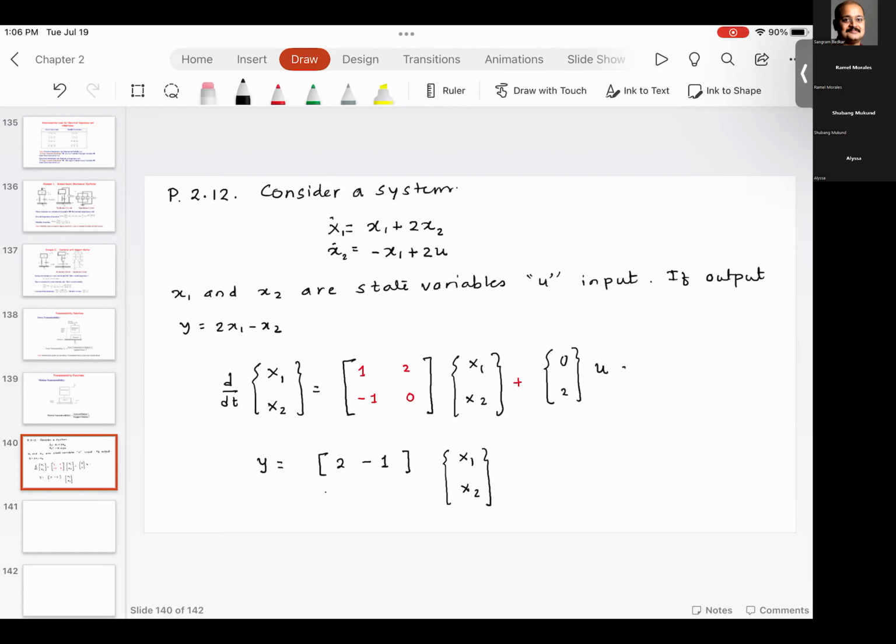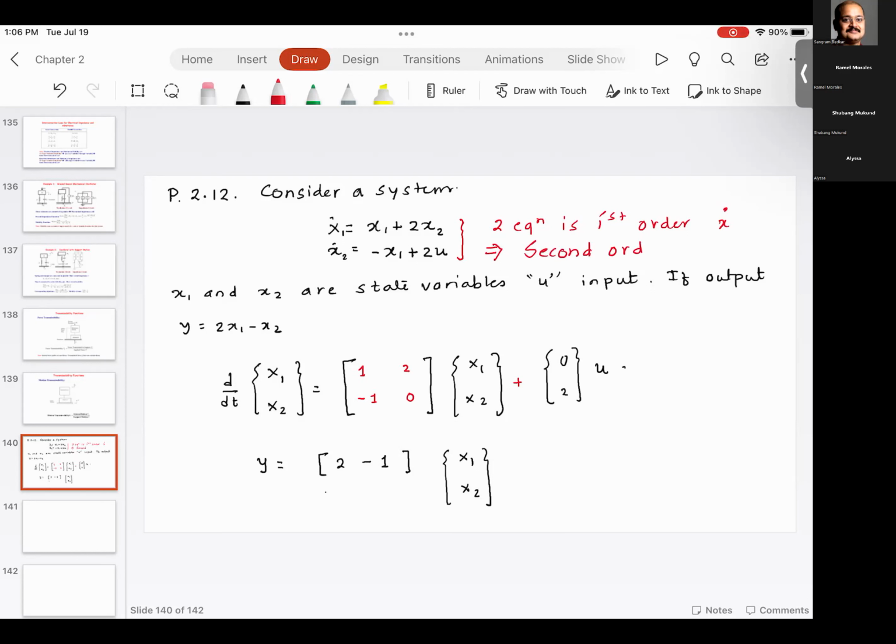Now the question is, what is the order of the system? One thing you have to remember is that even though these are two equations in first order, which means single dot, two equations in first order means the total order of the system is second order.